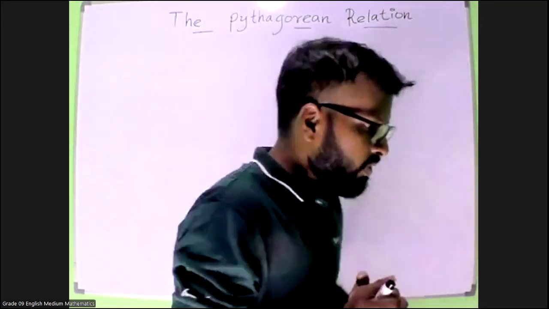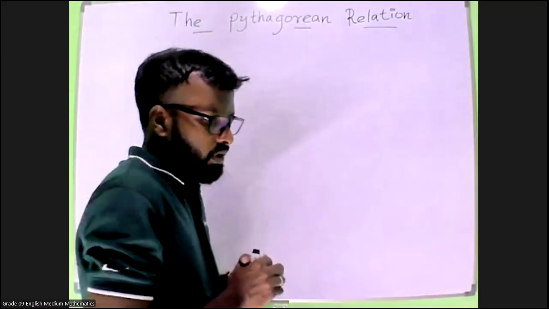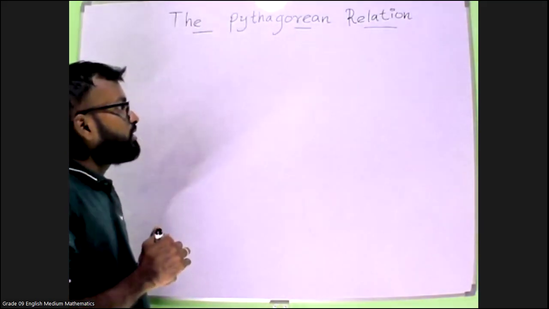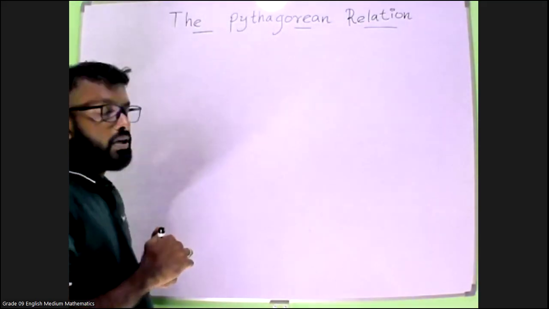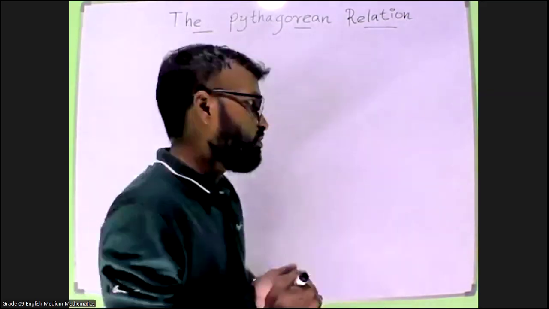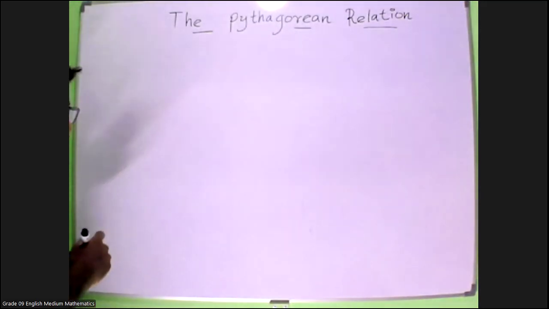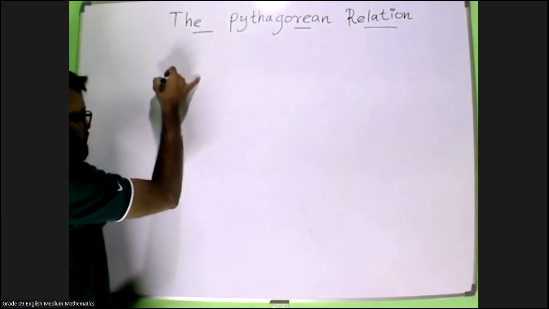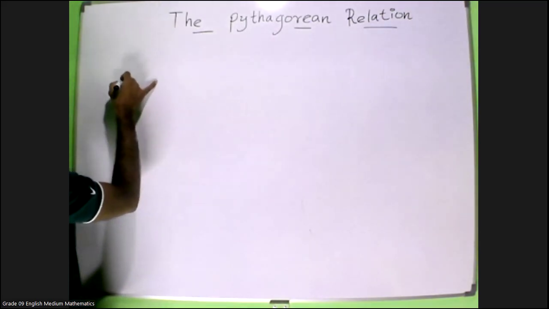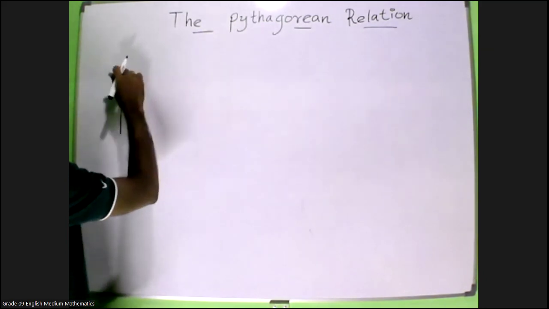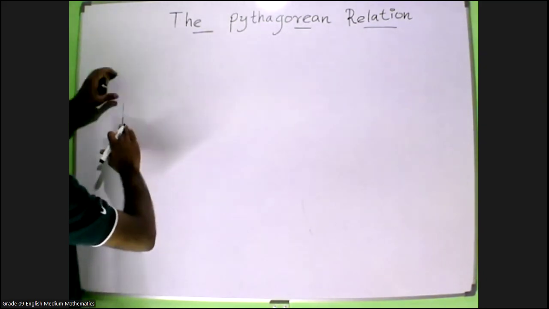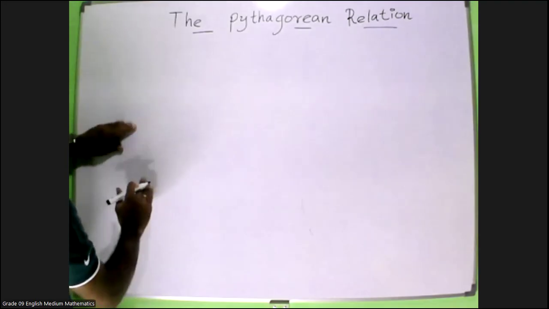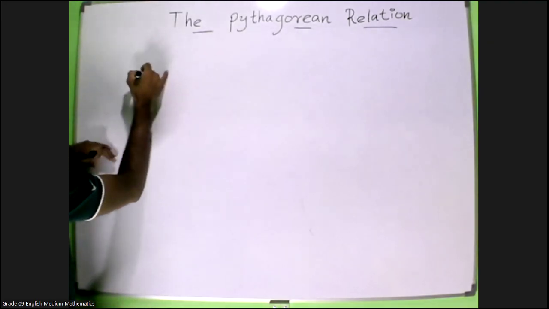So let's now discuss the Pythagorean relation, how it's built up. How it's built is, I will first draw a right angle triangle, and using this, I will explain how the relationship has been built.